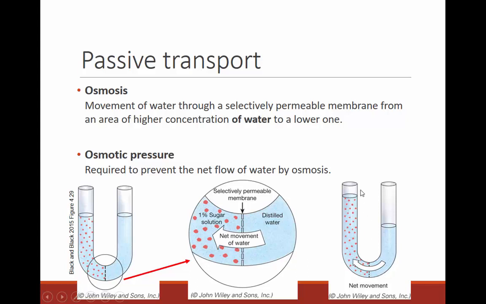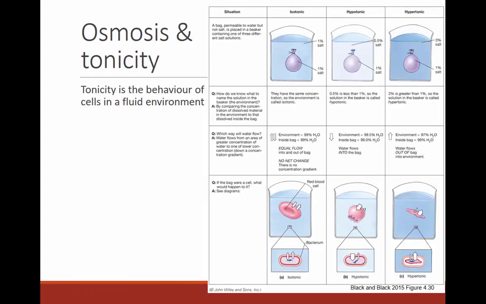So that pressure that the column of water is exerting. It's pushing down, the water wants to come back in, but that column of water is so high, it's pushing down and retarding the movement of water. So that's an example of osmotic pressure. A really good example. But yeah, you can see the movement of water is osmosis.